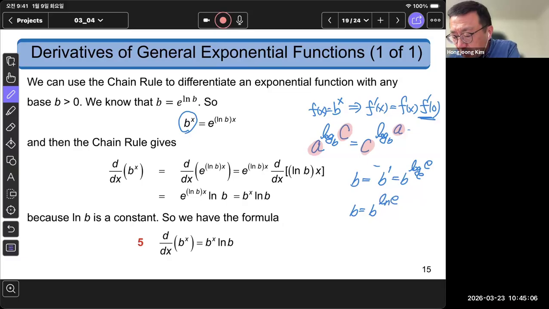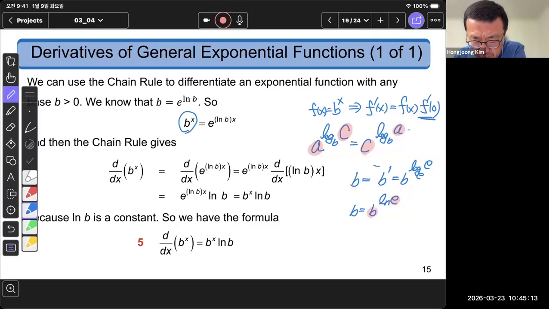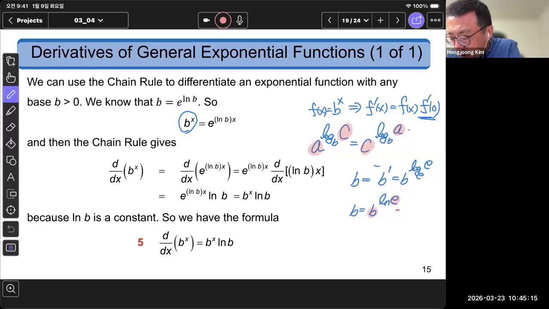And as I said, in that case, this b and e can be switched. So if I switch, you get e to the ln b. That is the same as b, and that comes from this formula of the logarithmic function or exponential function.